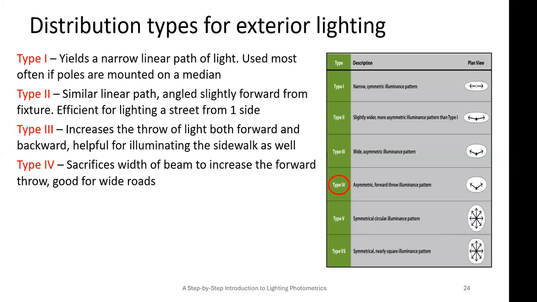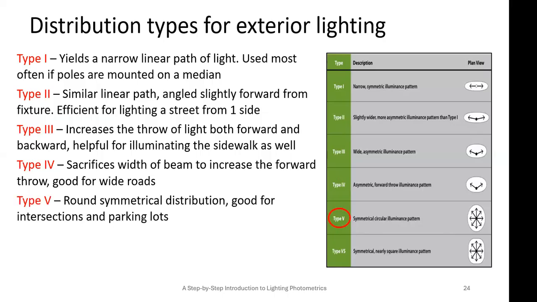A 4 is just the opposite of that. So you've got a little bit more light going forward as far as the distance, more forward throw than you have side throw. And so that actually is the nickname of this light. A type 4 is a forward throw. You'll hear that. And then we have a type 5, which is symmetrical. And you'll see that's kind of like an oval, or really it's really a circle.